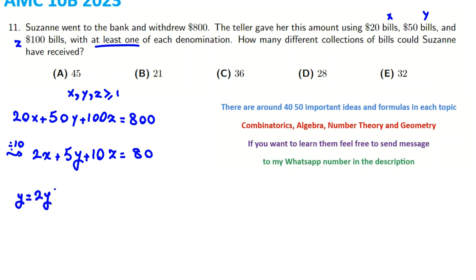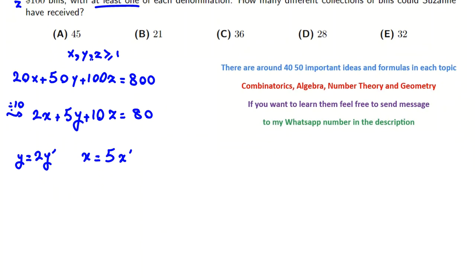We can conclude y is 2y prime. Now, multiple of 5, multiple of 5, multiple of 5, so only one term is left. So 2x is a multiple of 5, so x is a multiple of 5. So x is 5x prime. Now, because y is at least 1 and x is at least 1, we can conclude x prime and y prime also are at least 1.